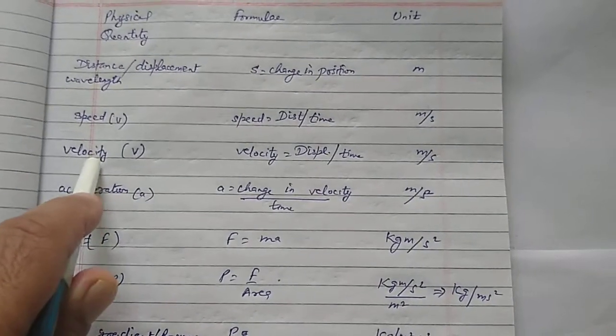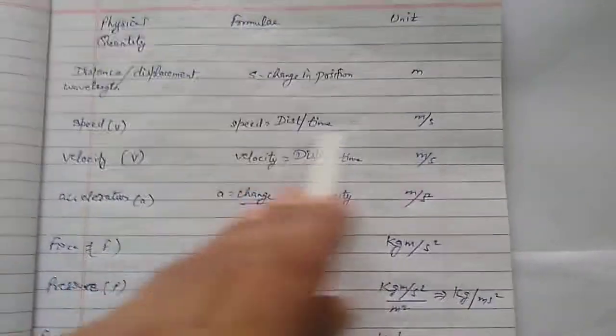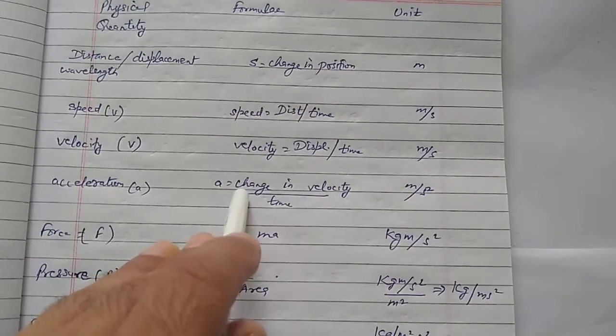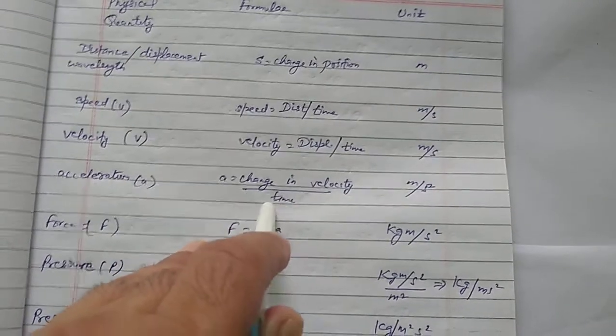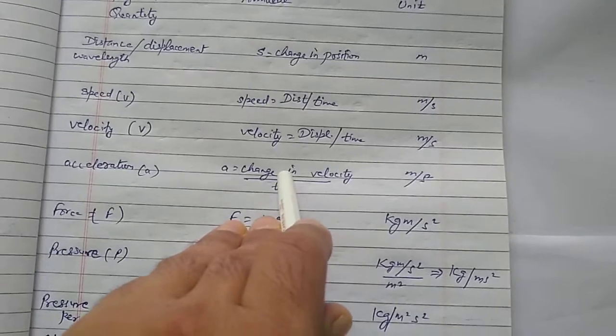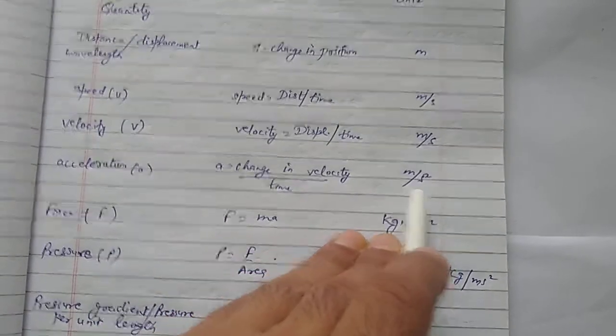If you express change in velocity, again the unit will be meter per second. If I write acceleration, the formula is change in velocity upon time. Velocity unit is meter per second, and this is second, and that comes out as meter per second square.